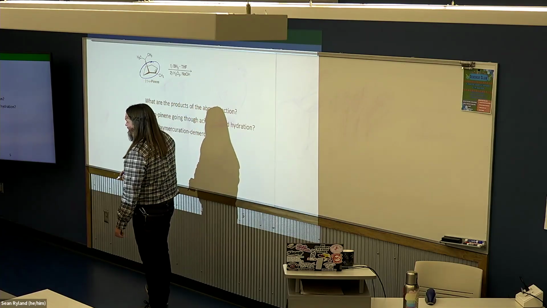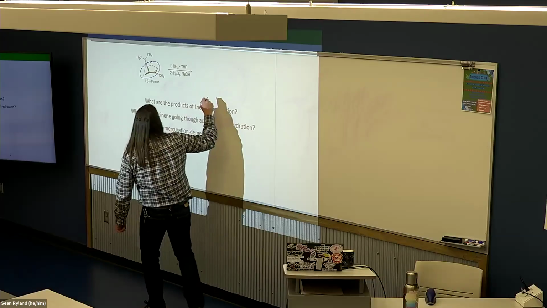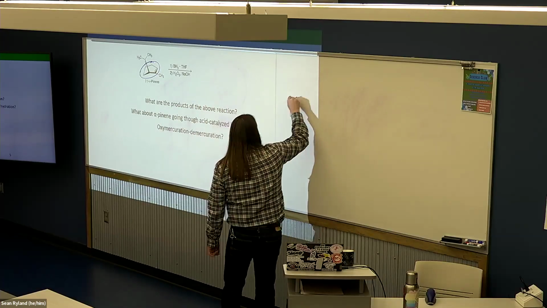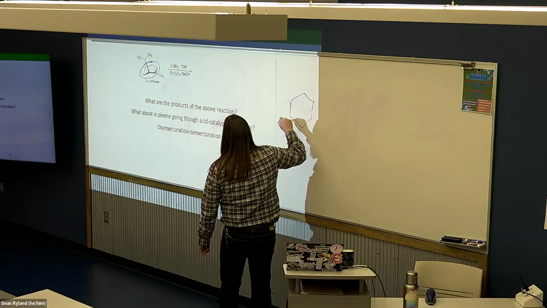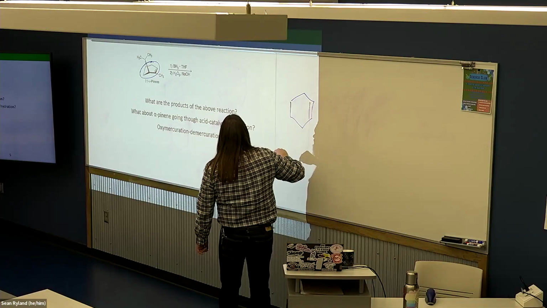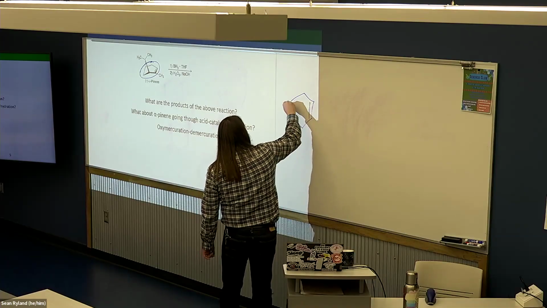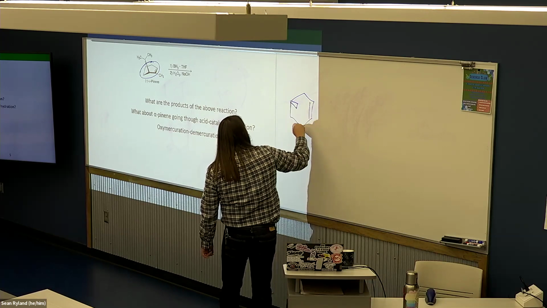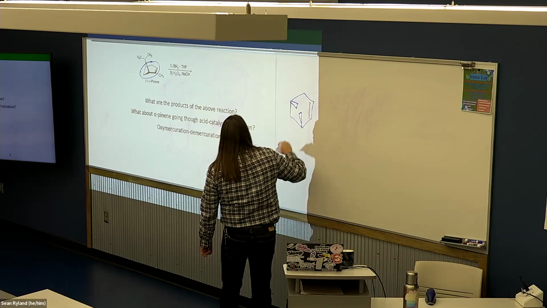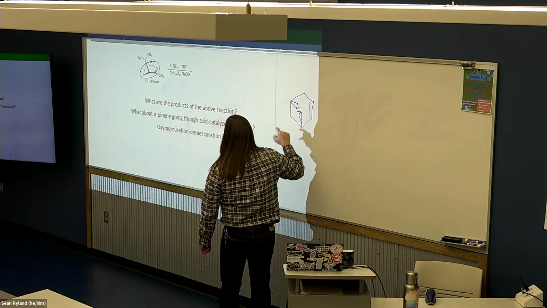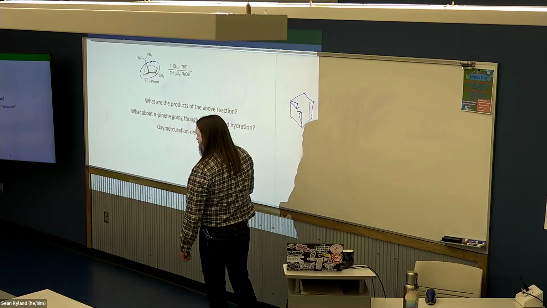The other way that you could draw this would be if you draw your cyclohexene group flat, with the pi bond, and have a carbon that's bridging between two pieces of it.